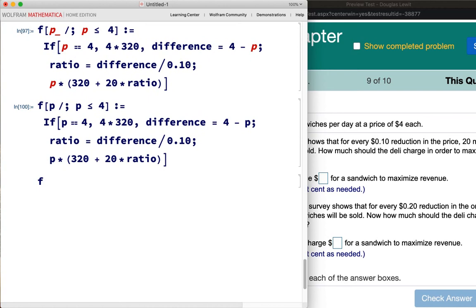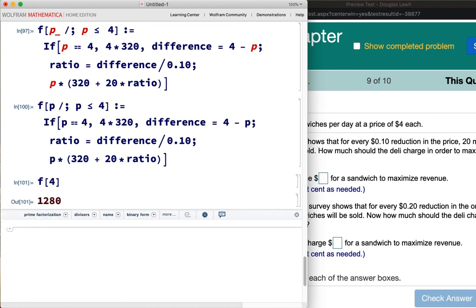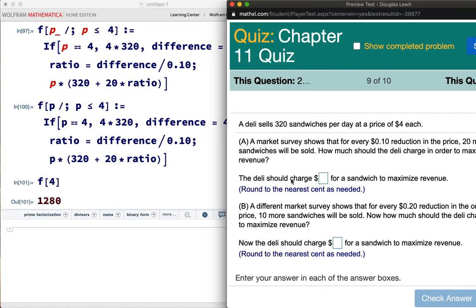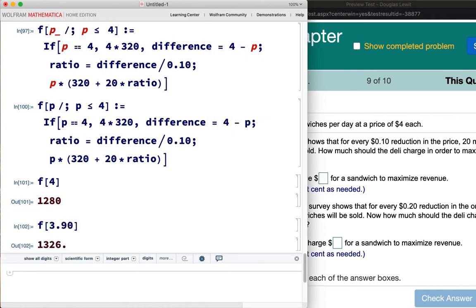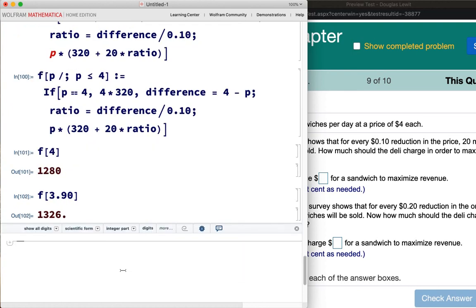So for example, for $4, your profit is going to be $1,280. If I charge $3.90 a sandwich, my profit goes up to $1,326. Why?